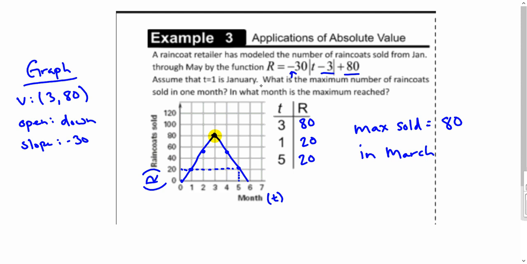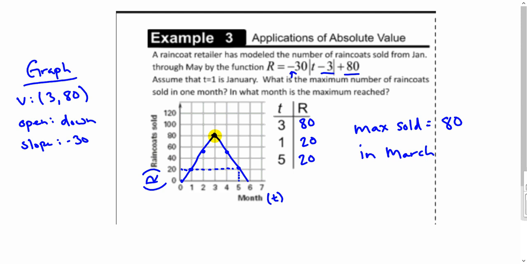So that begs the question, why would we even need to bother graphing this? Well, say you work for this particular company and you are being put in charge of ordering, say, rubber to go and make these raincoats. When do you probably need to order the most? I would say during the first 3 months of the year.